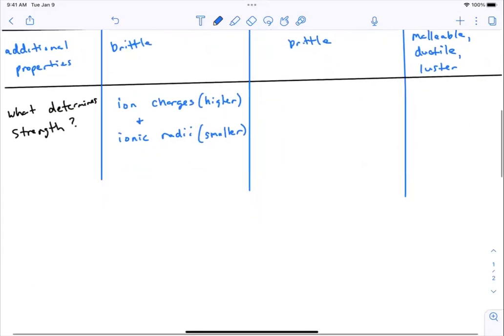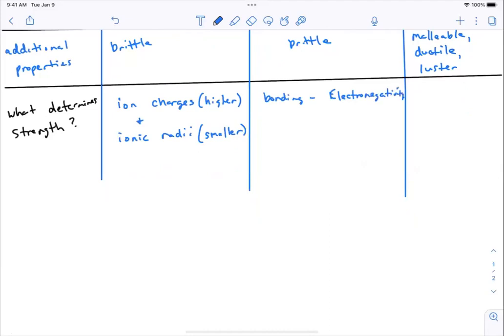For covalent bonding, it is electronegativity. The stronger the covalent bond, the greater the electronegativity difference between them.